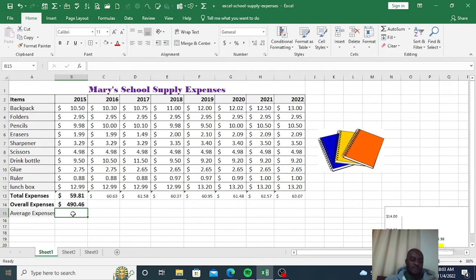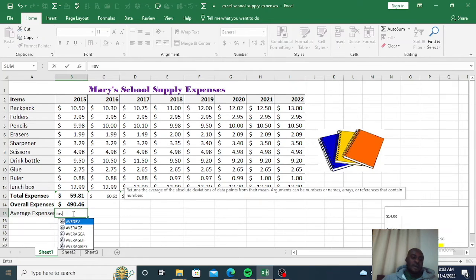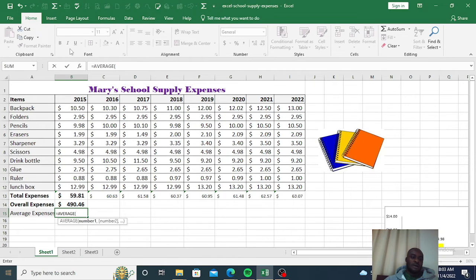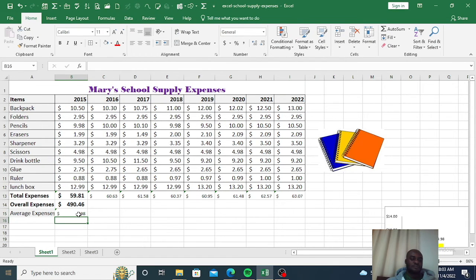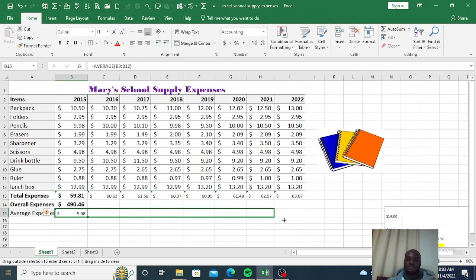So we'll get that by simply using equal to average, and be careful not to select our already determined total expenses. So averagely, this is how much Mary spends per item in 2015, which we can drag across our table.